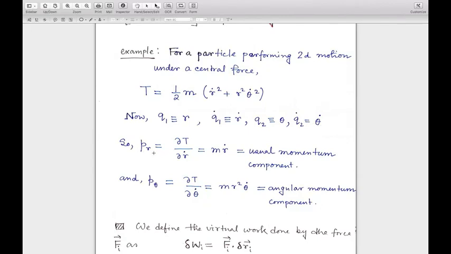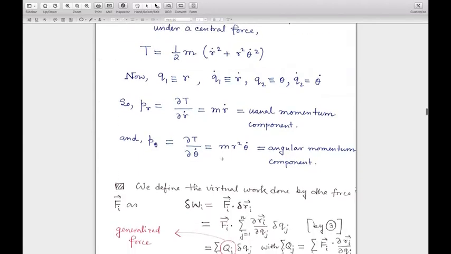Then P_r will be del T by del r dot, which is equal to m r dot, the usual linear momentum component. And P_theta is del T by del theta dot, which gives us m r square theta dot. Here this is no longer the usual momentum, this is the angular momentum component.